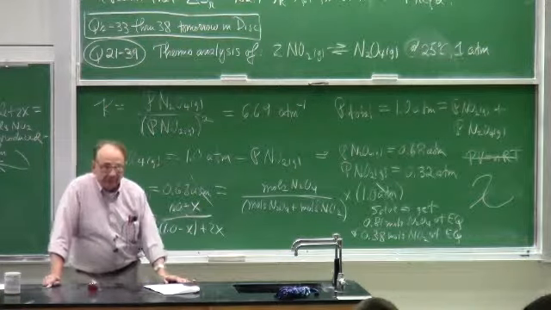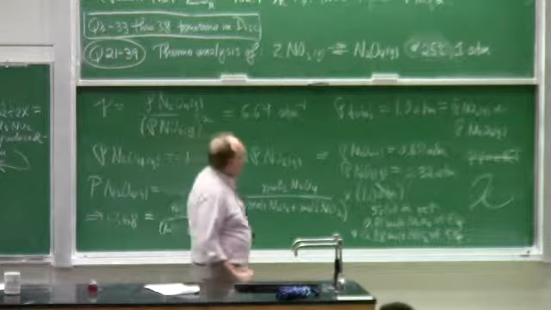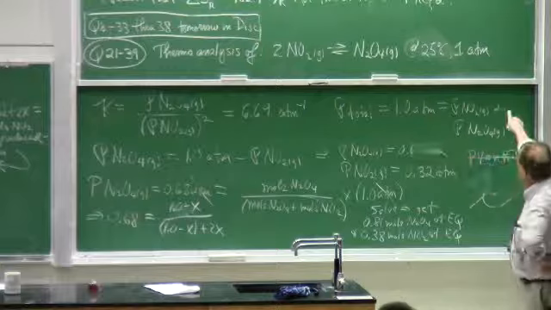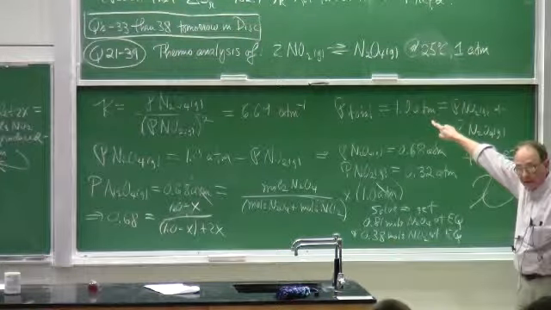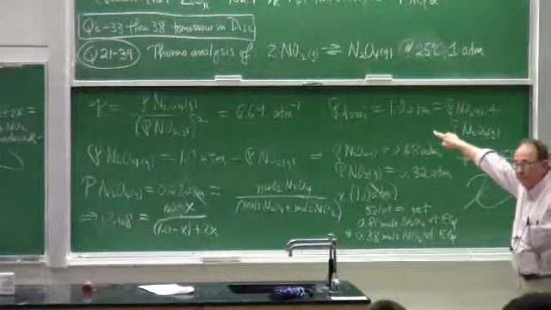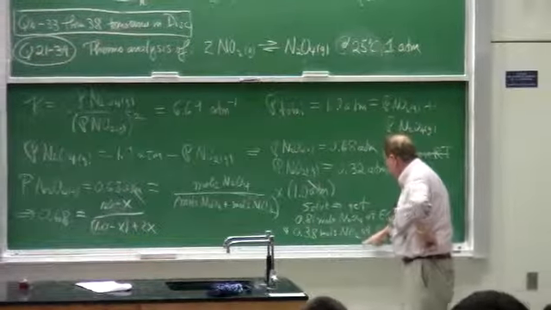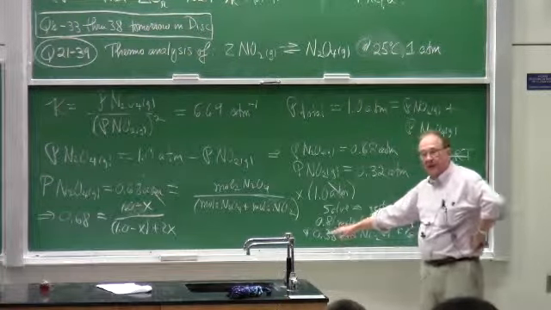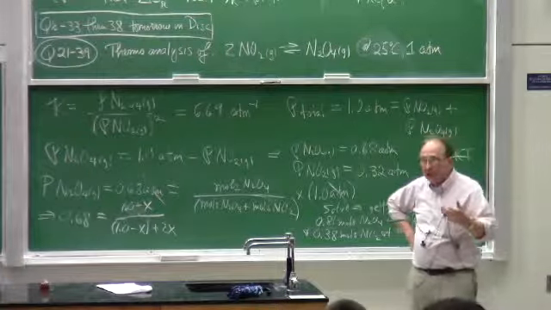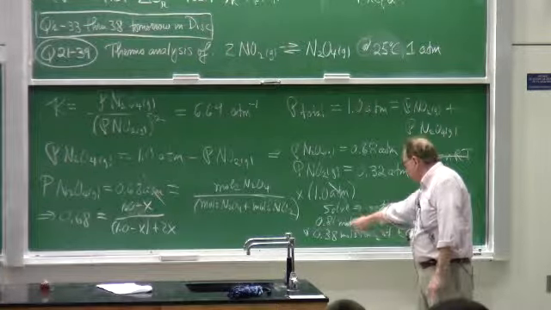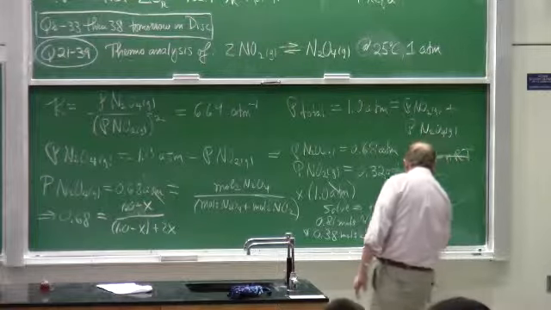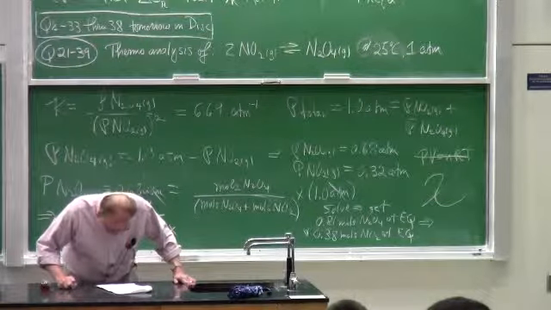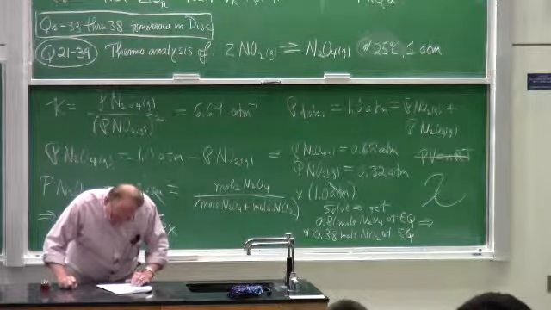So what we now know is that for the NO2, N2O4 system to be at equilibrium at these conditions, we must have a mole ratio of NO2 to N2O4 which is about 0.38 divided by 0.81. Or if you want to turn it around, a mole ratio of N2O4 to NO2 of 0.81 to 0.38. The ratio is about 2 point something or other.